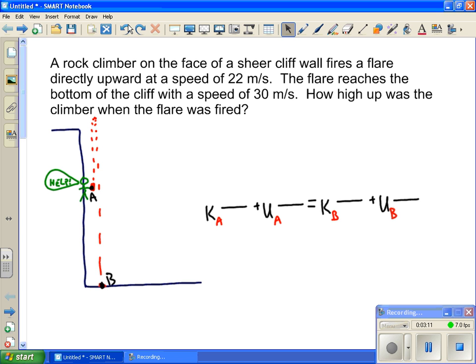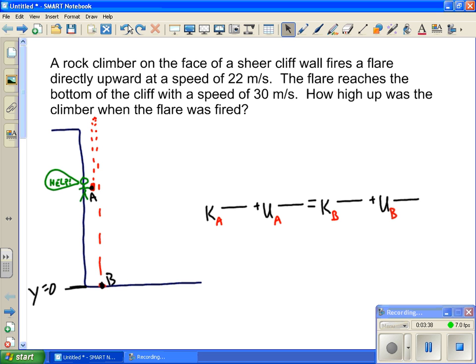I'm just going to say that here at the base of the cliff, that's where height is going to be 0. Now, that'll be handy, because as soon as I find the value for height at location A, the distance above the bottom of the cliff is exactly equal to that position, so I won't have to do any unnecessary math at the end.